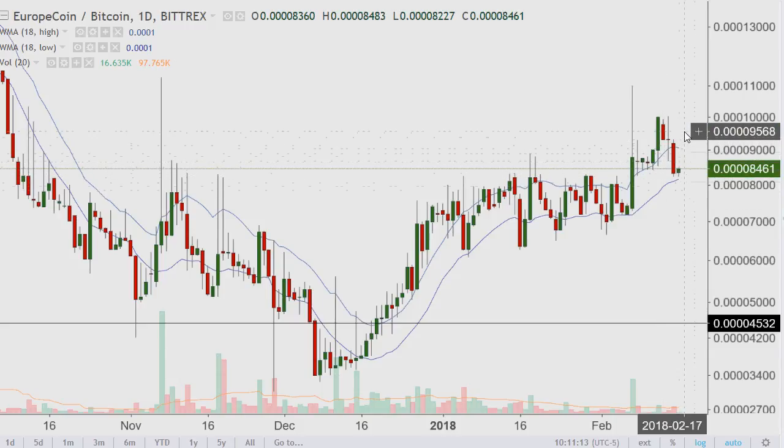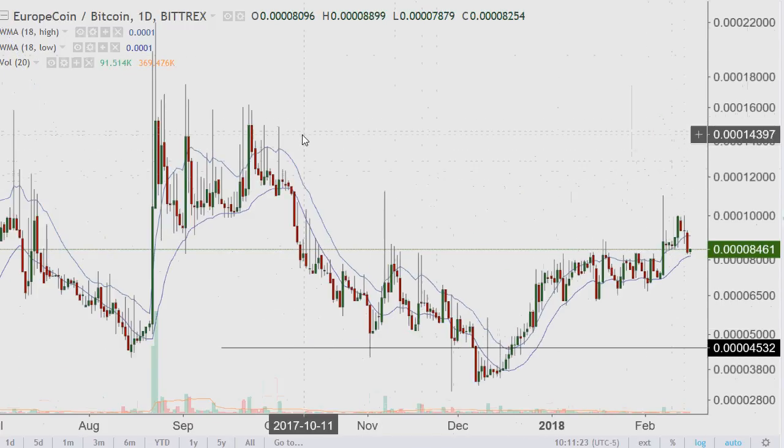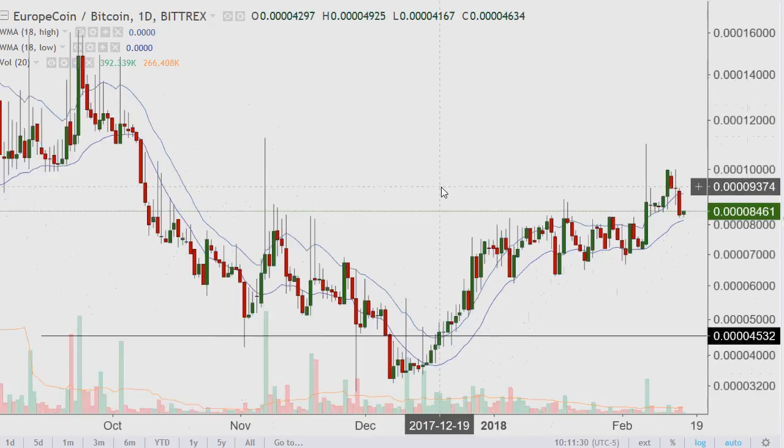Any movements above this 18 average, the bull market's doing what bull markets are supposed to do, and there's definitely good reason why you might want to consider it's going to go much higher and maybe test some of this upper area from last September, around the 15,000 Satoshi area.